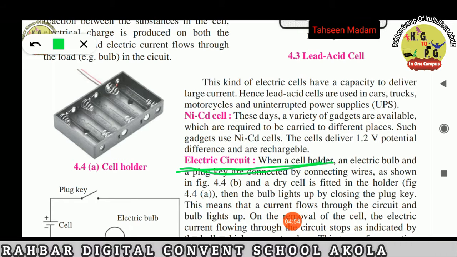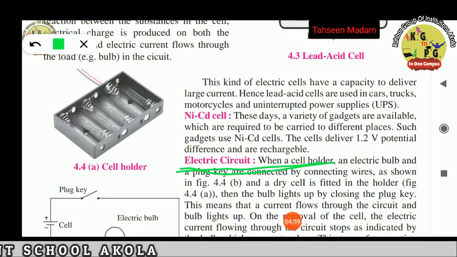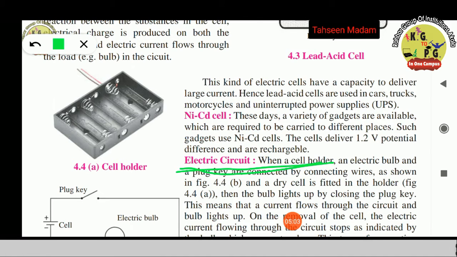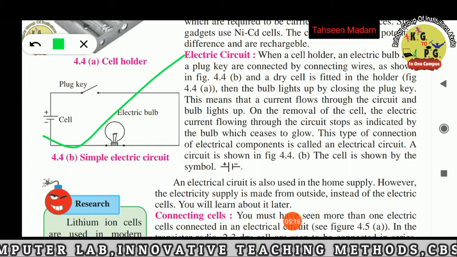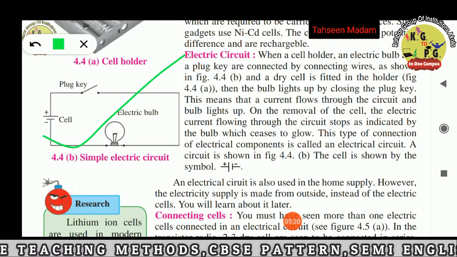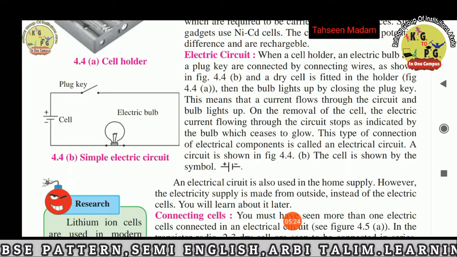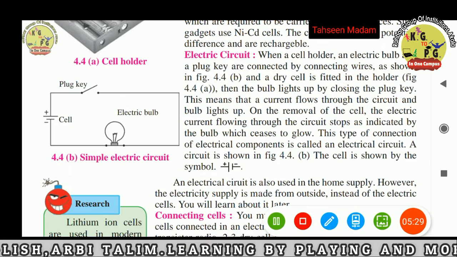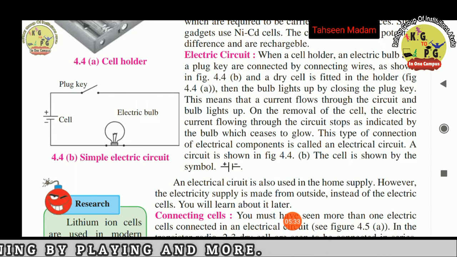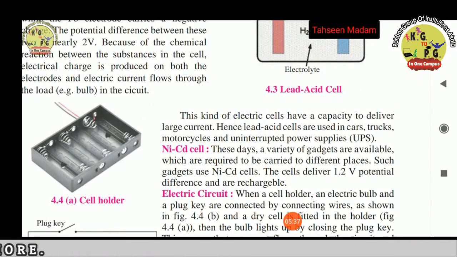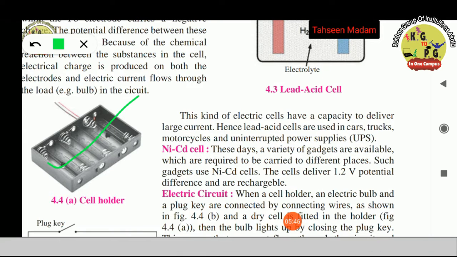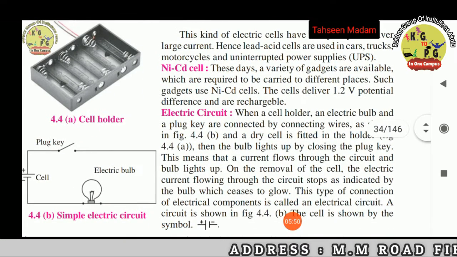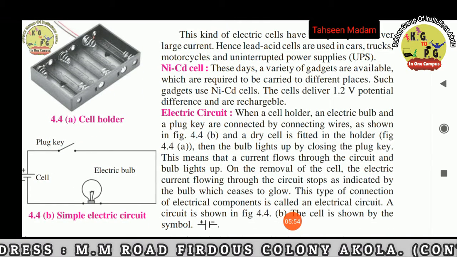Electric current. When a cell holder, an electric bulb and a plug key are connected by connecting wires as shown in figure 4.4b, and a dry cell is fitted in the holder, then the bulb lights up by closing the plug key.